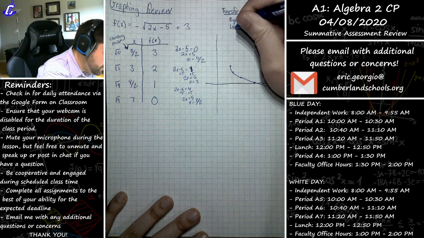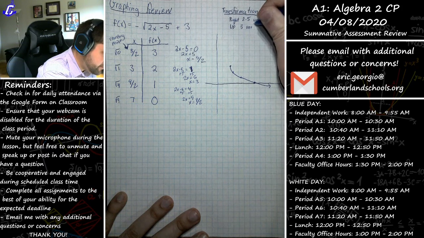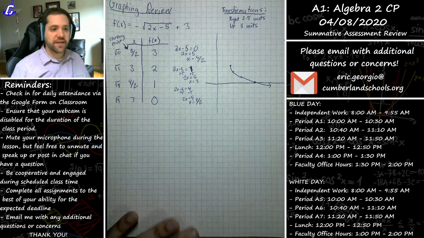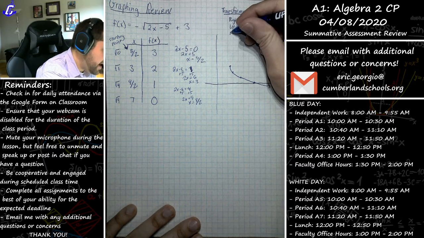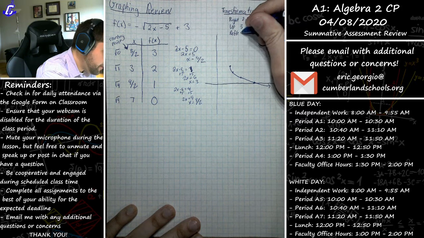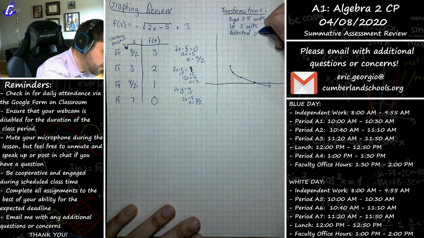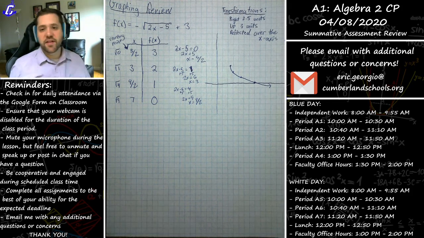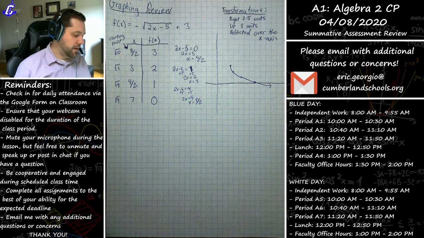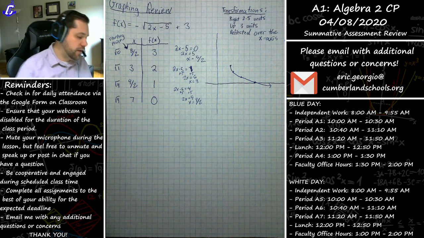It moved up 3 units. And it no longer has a stretch of 1. It has a stretch now of -1. You can word that as it is now reflected over the x-axis, which if you remember is kind of a fancy way to just say it's flipped upside down. Flipped upside down. Okay? So those would be your transformations.